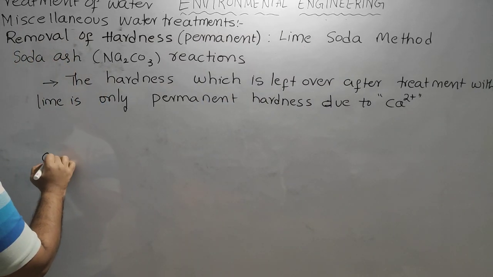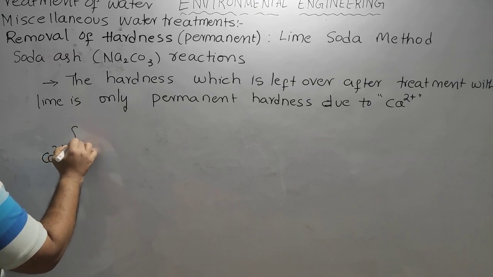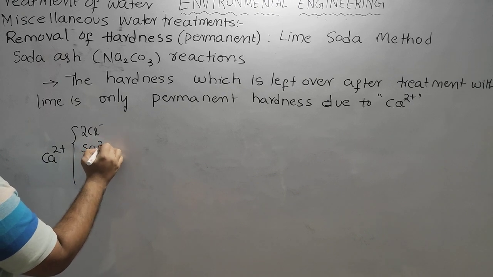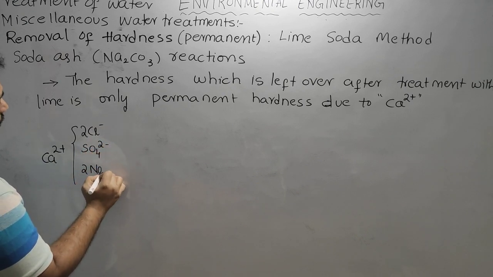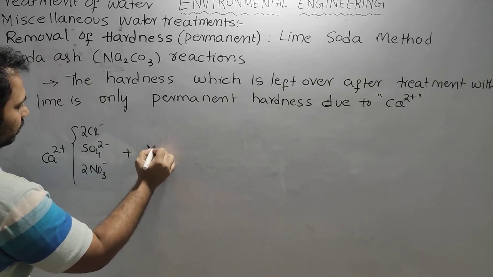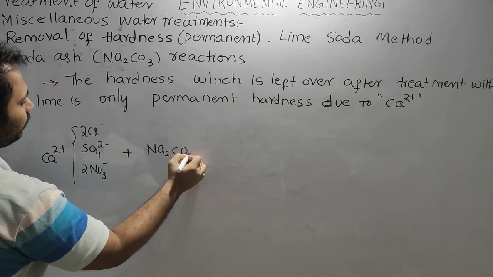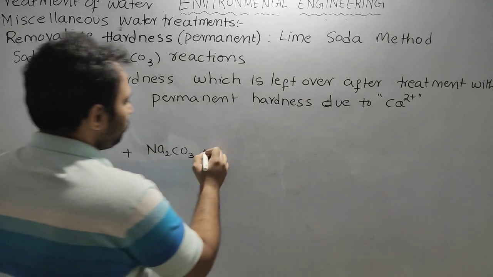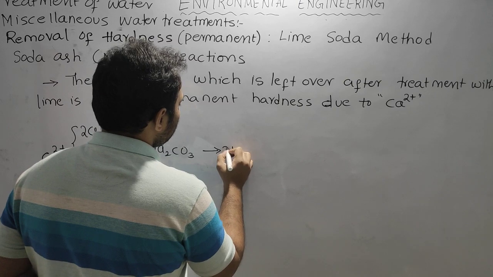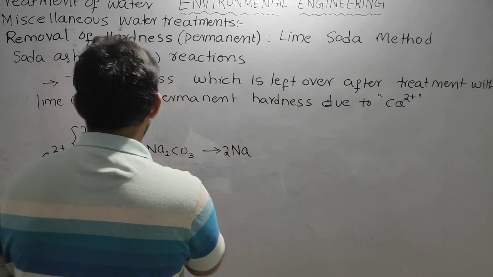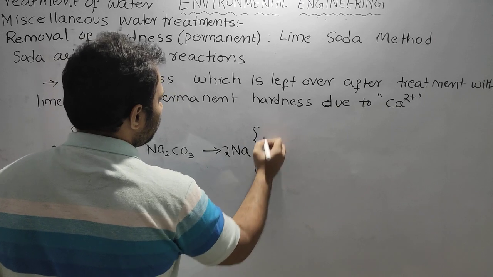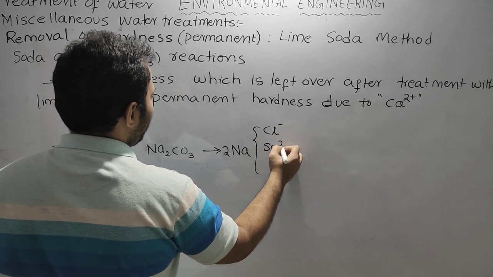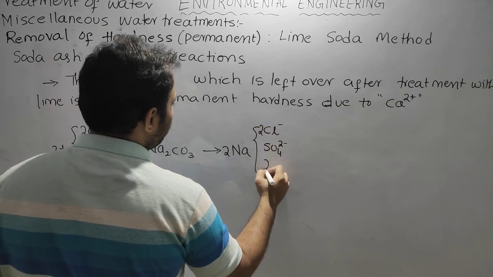So Ca2+, 2Cl-, SO4 2-, and 2NO3-. This will react with soda ash. Okay. And it forms 2Na+, these compounds, Cl-, SO4 2-, and 2NO3-.